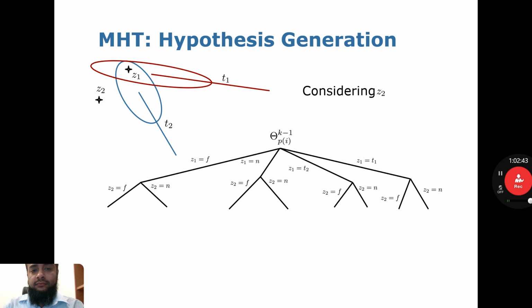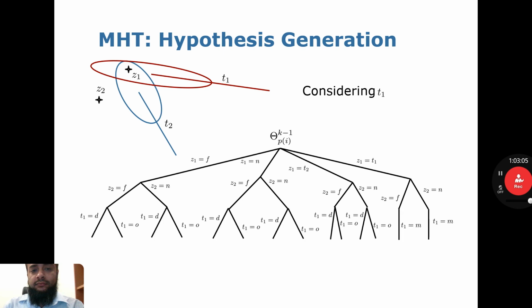So each hypothesis generates two hypotheses. First one is Z2 is a false measurement, and Z2 is newly initialized. And here also false and newly initialized. Here also false and newly initialized. Another interpretation of a hypothesis, considering track 1.